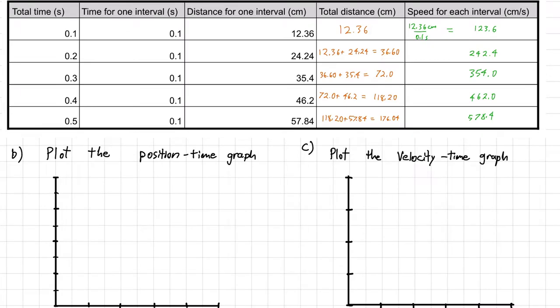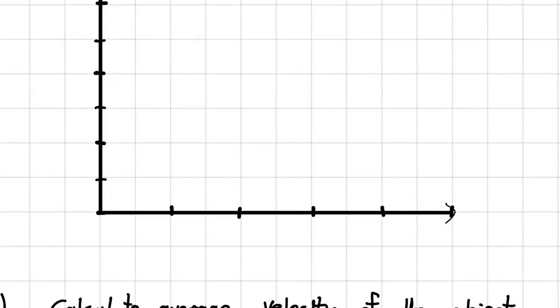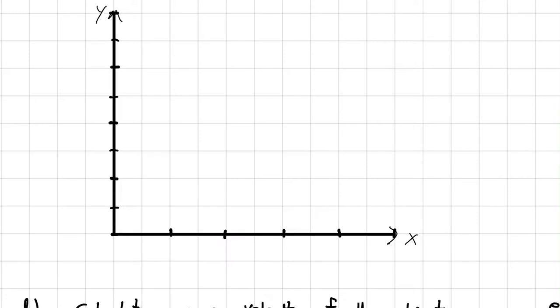Now we can move on to part B, where it asks us to plot the position time graph. So the first step in this will be to assign the x-axis and the y-axis. So always, general rule of thumb, you always put time on the x-axis, and our unit here is seconds.